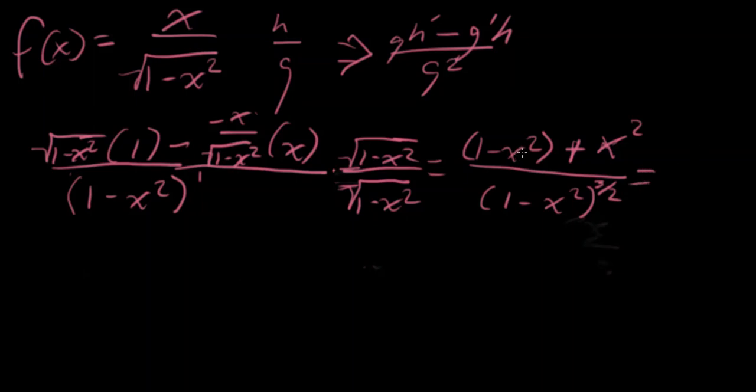Notice we got a negative x squared and a positive x squared. That gives us 1 over 1 minus x squared to the 3/2. Okay, so there's the answer, right? There's f prime. So we'd say f prime of x is equal to this thing down here.